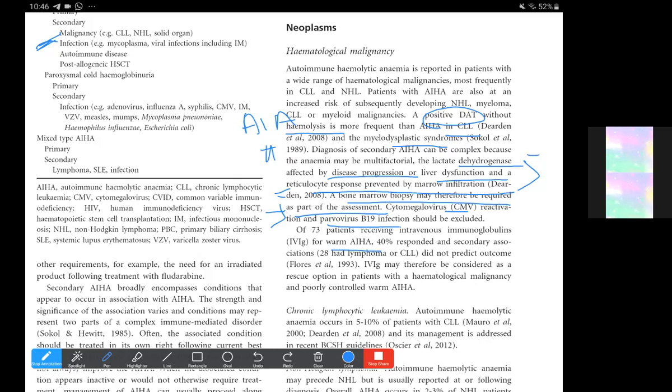They had mentioned IV immunoglobulins at 0.4 to 0.5 gram per kg per day for 5 days, and most of them respond, with hemoglobin maintained for more than or equal to 3 weeks. So in case of emergency management, when there is hematological malignancy, IVIG may be considered as a rescue option, and it will help maintain the hemoglobin for more than 3 weeks.